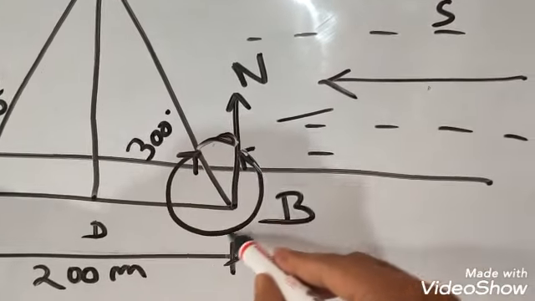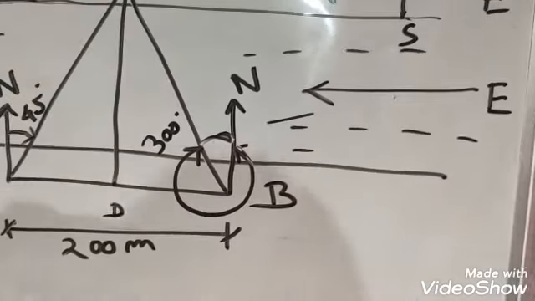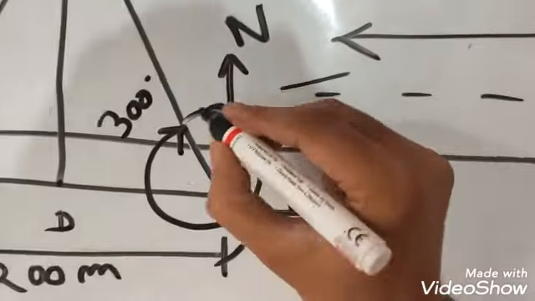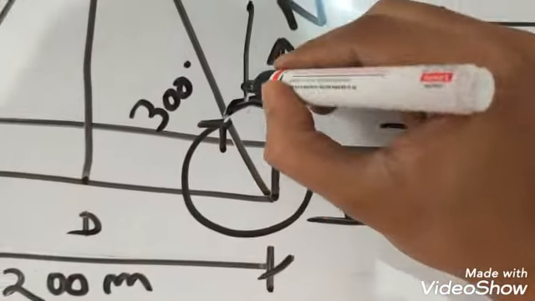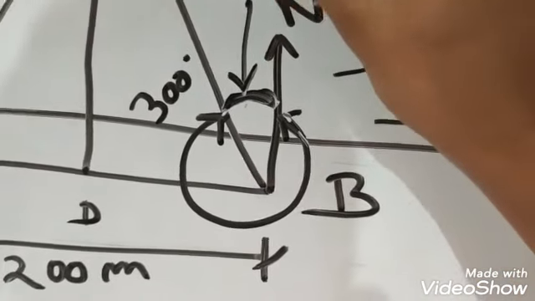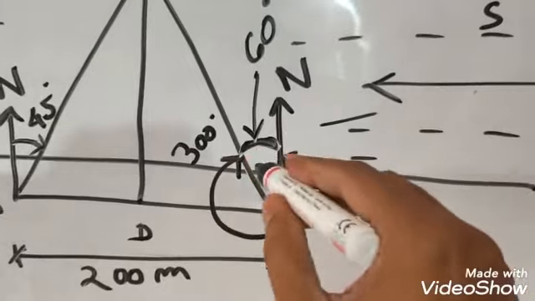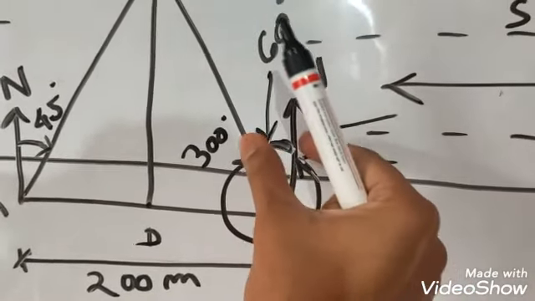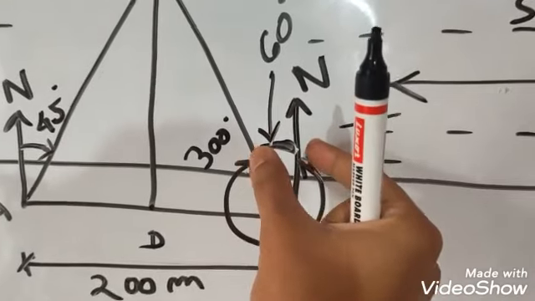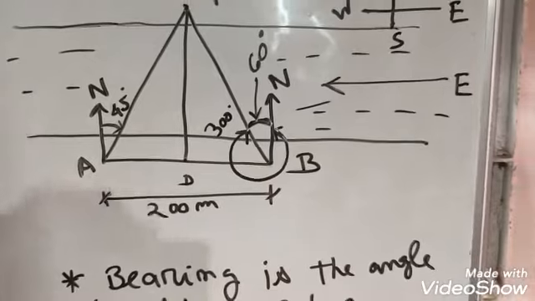But what is this remaining value going to be? This is going to be 60 degrees, because this whole thing is a circle. If up to this point is 300 degrees, then the left portion is going to be 60 degrees. So clear?